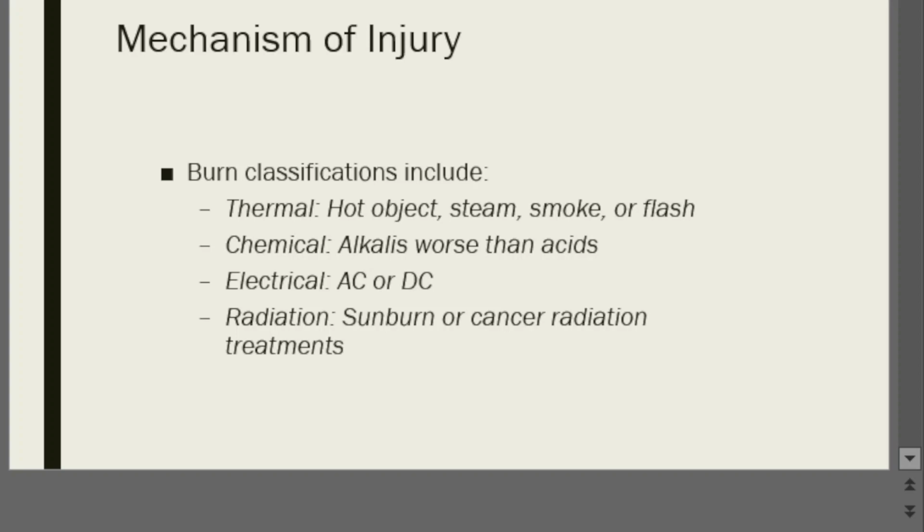Next, we have our electrical burns, and within this, a lightning strike is included. So lightning strike is completely DC or direct current, and then we have our electrical current type burns, which are AC or DC.